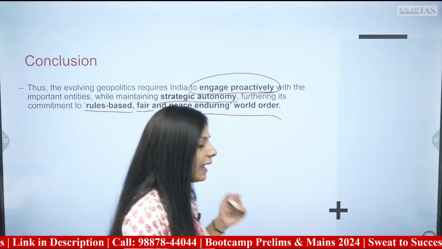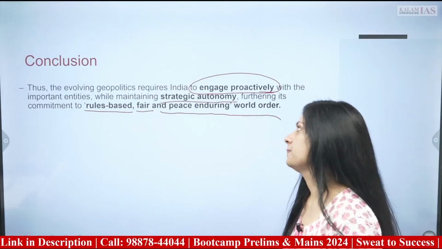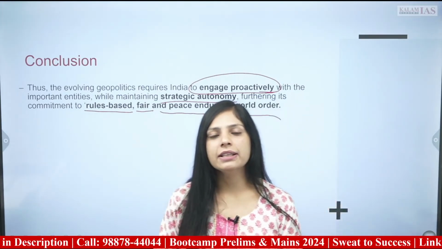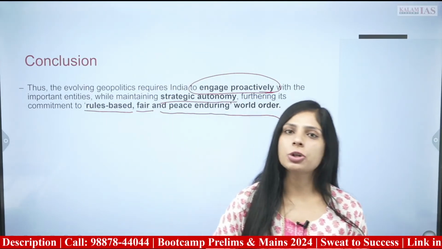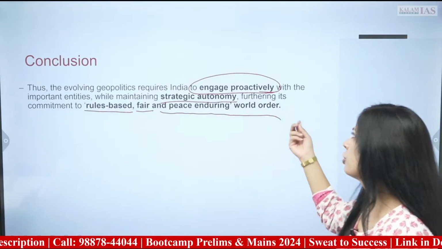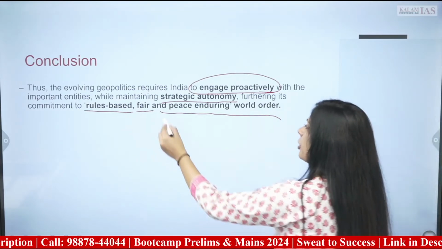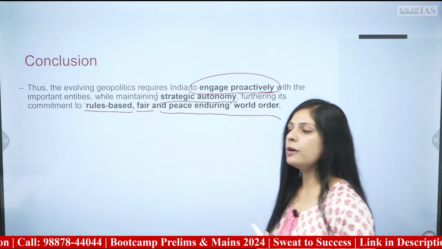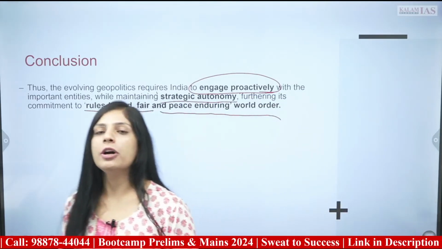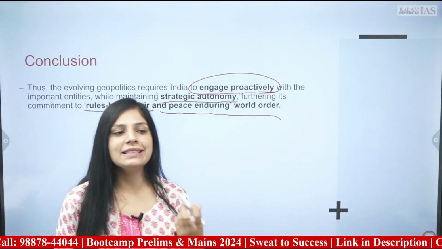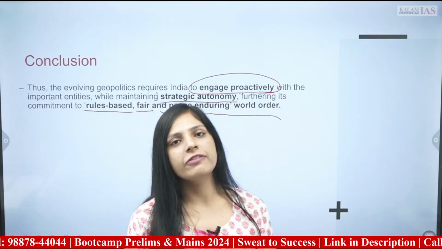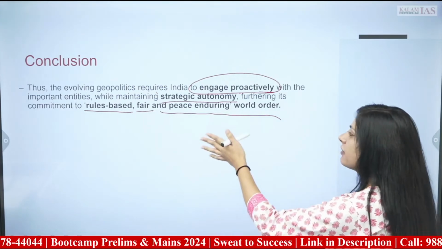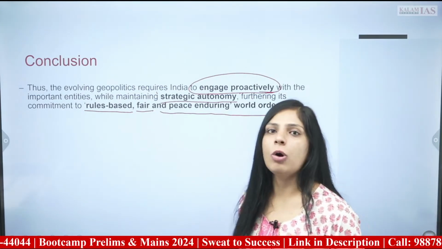See, what this line actually implies is that India will engage proactively to secure its strategic autonomy. You have thrown in a few words such as strategic autonomy to fetch you more marks, but you also move beyond your own national interest and say that it would also further the commitment of India towards a rules-based, fair and peace-enduring world order.